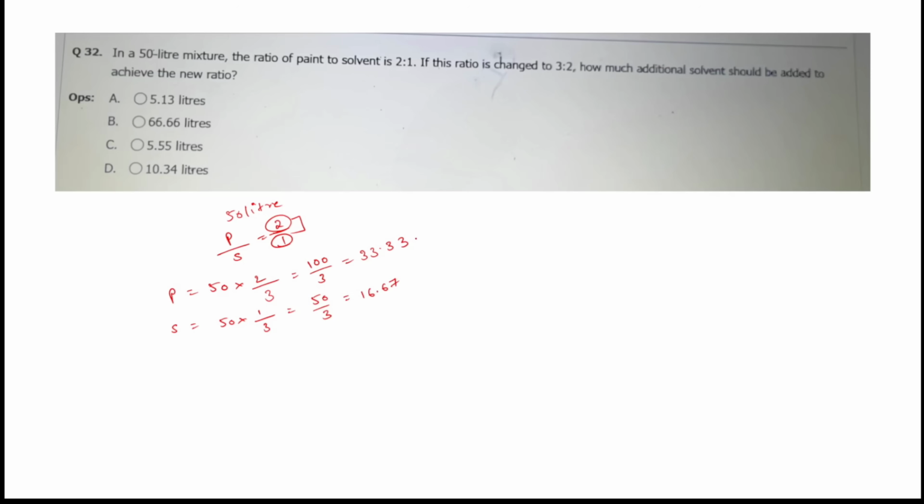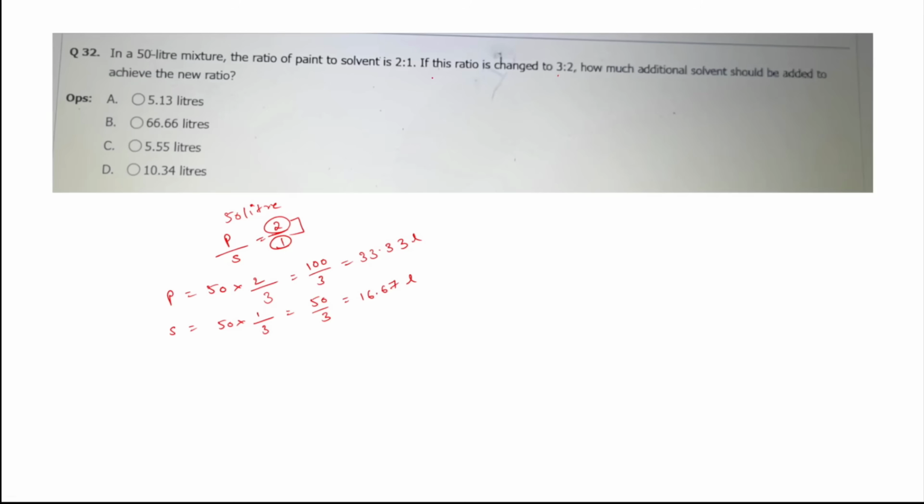So in that mixture 33.3 liters of paint is available and also 16.67 liters of solvent is available. And then if the ratio is changed to 3:2, how much additional solvent should be added? So here they are asking for the additional solvent only. There is no change in the paint, only solvent is added.